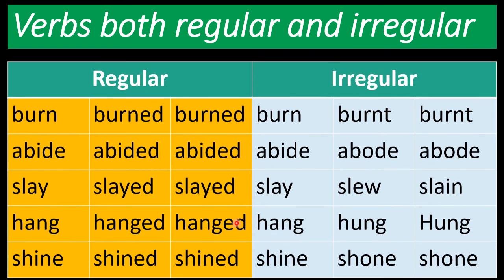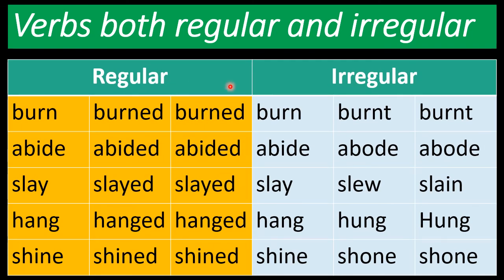There are some verbs that are both regular and irregular. I have listed some verbs here. Burn, burned, burned as a regular verb, and as an irregular verb, burn, burnt, burnt.